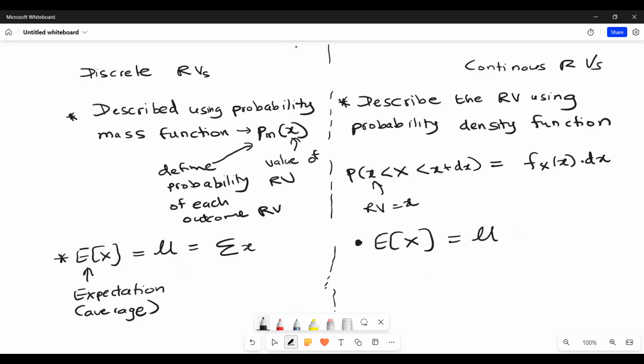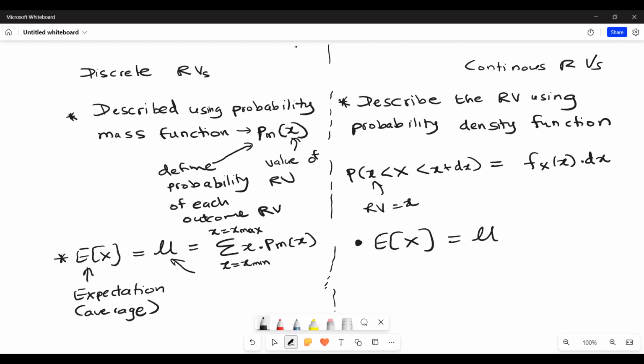We can define the mean of a mass function by taking the product between the value of each random variable and its probability and taking the sum from the minimum random variable up to the maximum random variable that is possible. Right, so this is the definition to find the mean average or the mean value of the random variable.